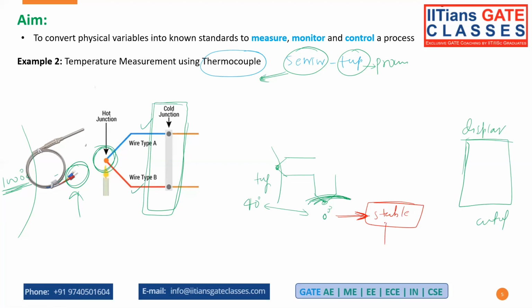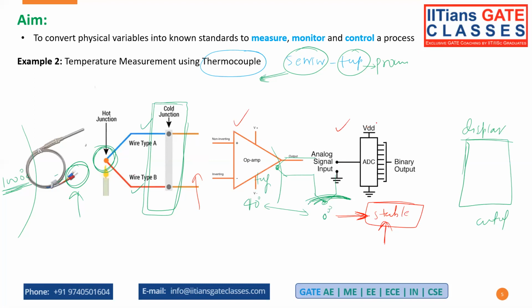So this is not stable. In order to make it stable, we will go for the cold junction compensation. Then you will get your output voltage, and then again the same process. In order to increase the strength, you have to go with the op-amp, then go for the processing circuit, then go for the display, right?